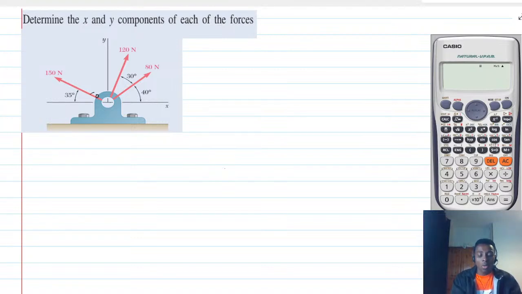All right, so basically, we've been asked to determine the x and y component of each force.